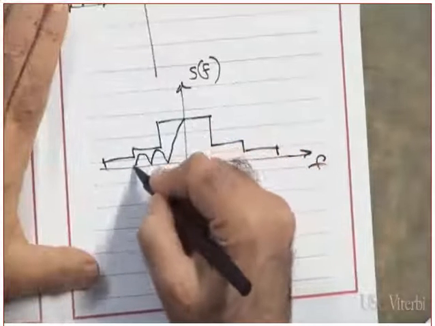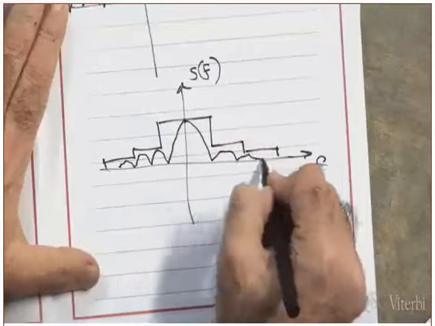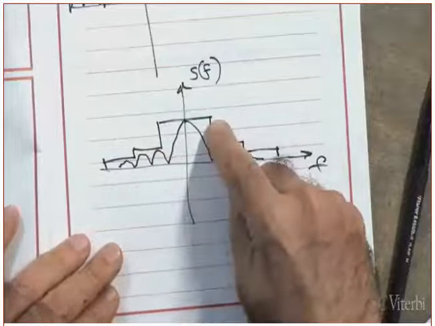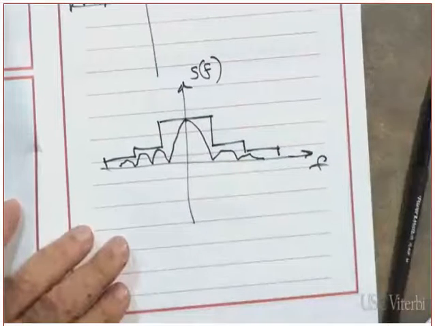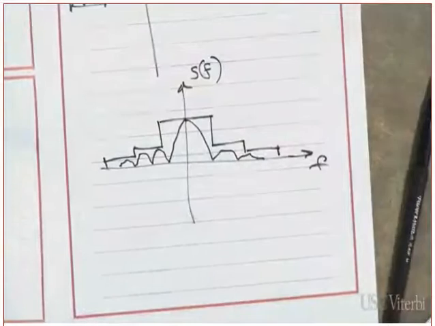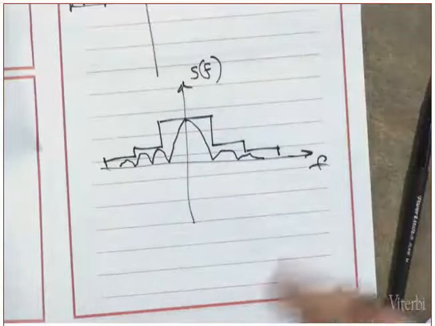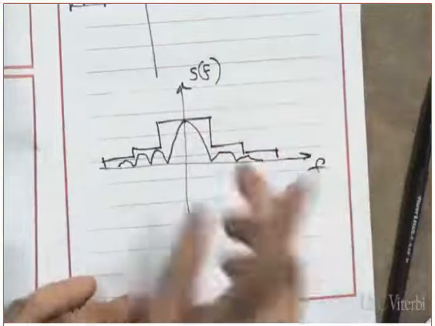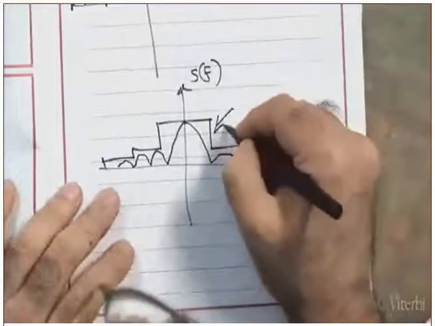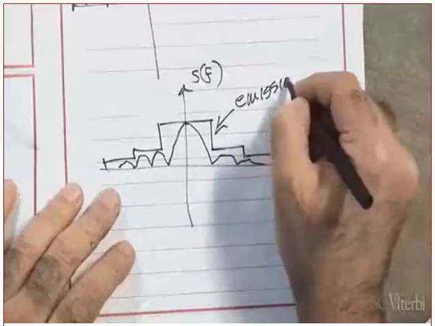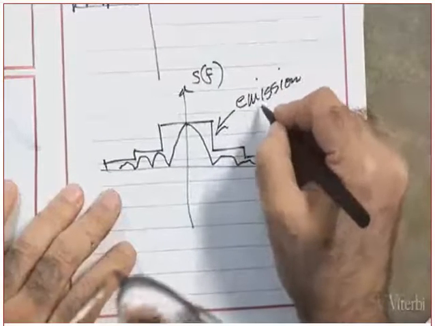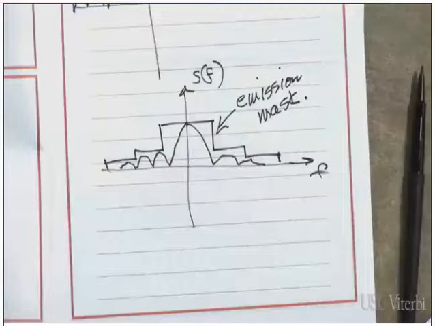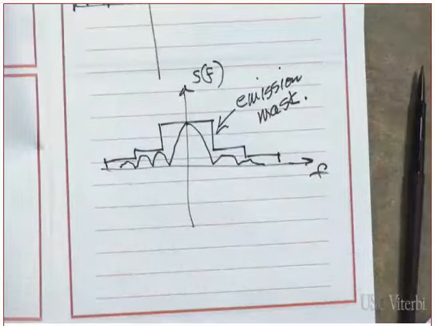Let me ask you a question. Is this satisfying the requirement of the FCC? Yes, it does. But if this one goes up over this, it's not satisfying the requirement. So think about this as the ceiling that your emission cannot exceed. And for different types of RF systems, different types of what is known as emission mask. And we will study emission masks later on when we study different standards.